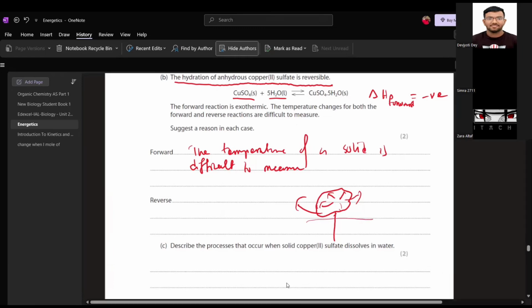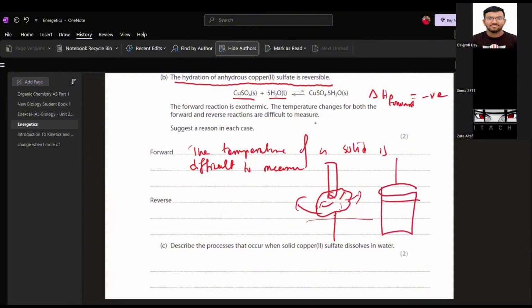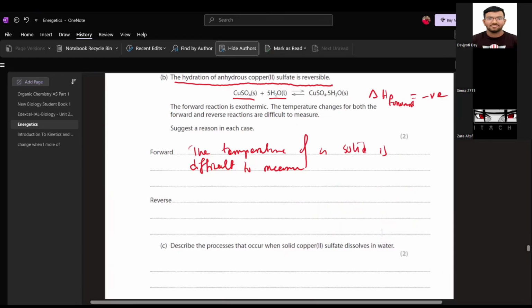If it was liquid, it would have been much easier because there are instruments you can use to measure the temperature of a liquid. You can keep a thermometer inside a cup of liquid and easily measure. But you can't do it that way with a solid. So did you get my point? Overall, it's difficult to measure the temperature of a solid.